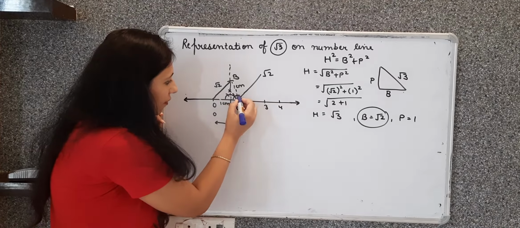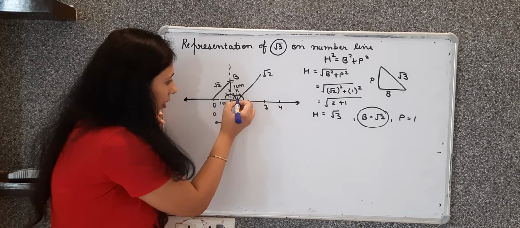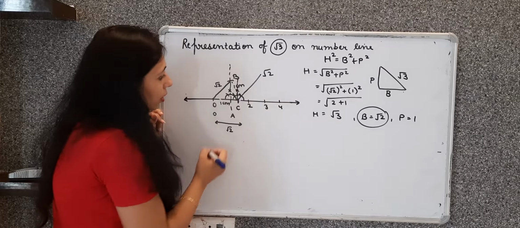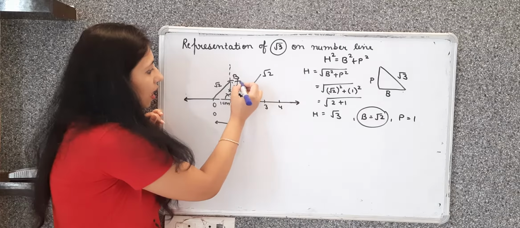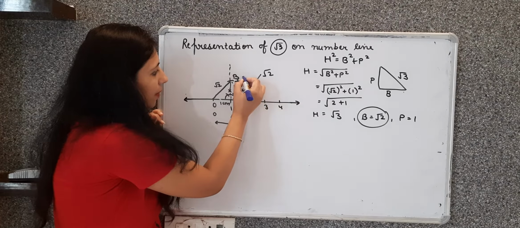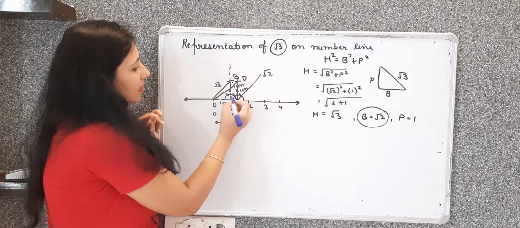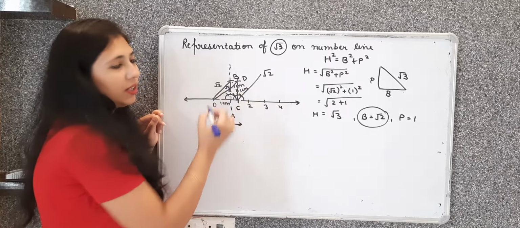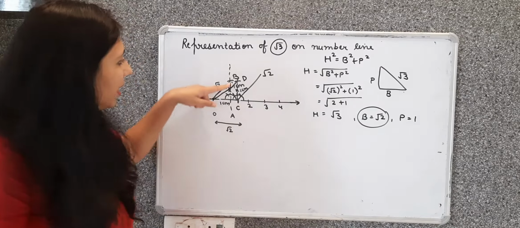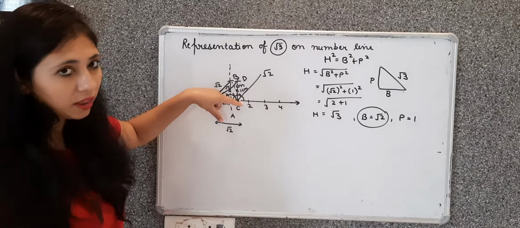Then on C we will make a 90-degree angle, and we'll cut an arc of 1 centimeter. We'll give it name D. Now when you join O with D, the distance that you will get will be root 3. Again, we don't want root 3 here, we want root 3 on the number line.